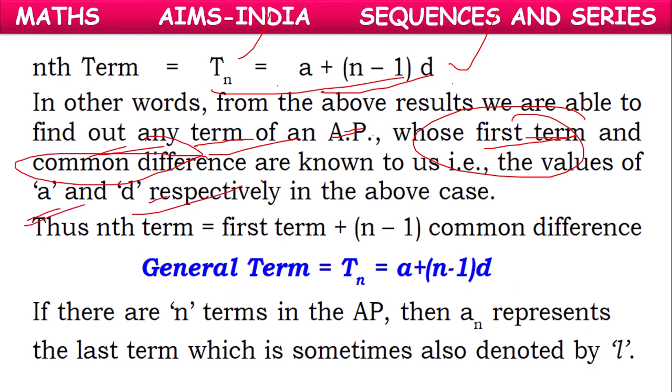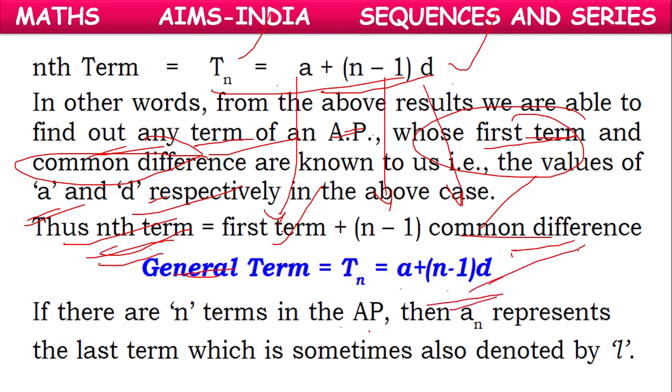If we know the A and D values, then we can find the nth term by substituting A as the first term, the n value, and the common difference. So the nth term, general term formula, is first term plus n minus 1 into common difference, or Tn equal to A plus n minus 1 into D.